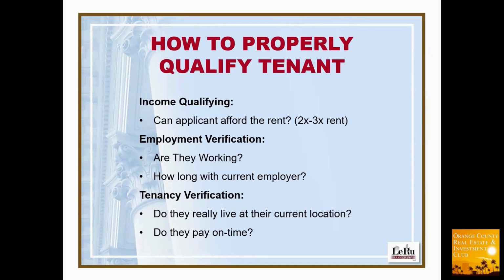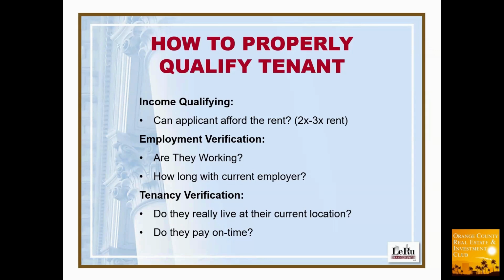And of course, in California, where it's easy to find a rental for say $3,000 or $4,000 a month, to say okay, three times rent, you've got to be taking home $12,000 a month. Yeah, you're going to be a well qualified individual, and there's plenty of them out there.